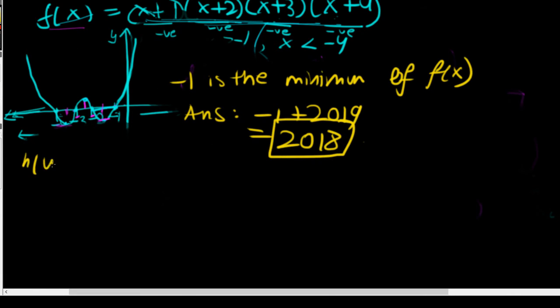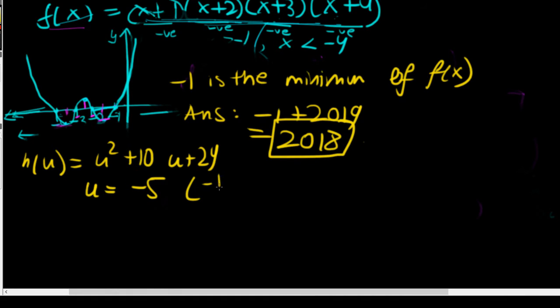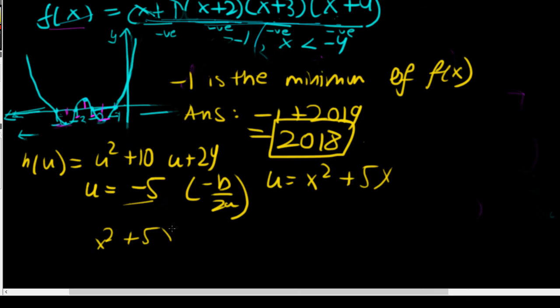Remember, the function h of u was u squared plus 10u plus 24, and the value of u at which this occurs will be minus 5, minus b over 2a. So this means, and u was x squared plus 5x. So we can just solve this equation. Therefore, we get x squared plus 5x plus 5 is going to be 0.